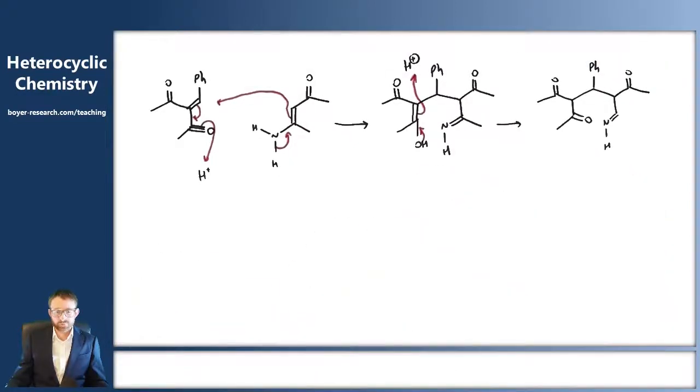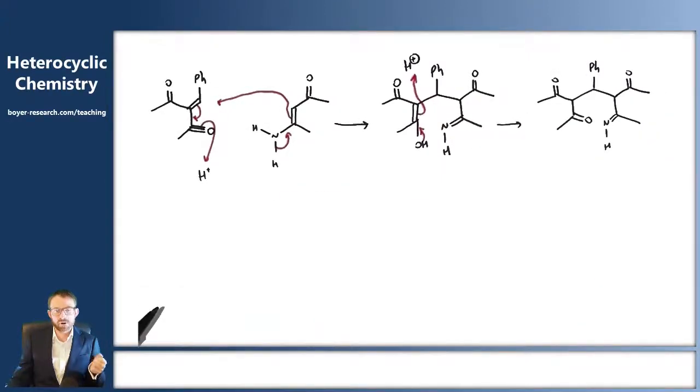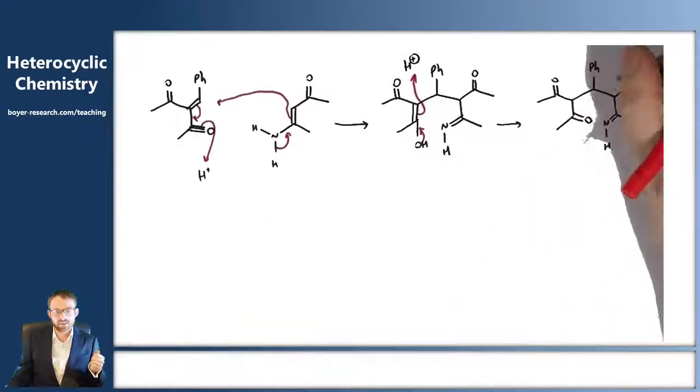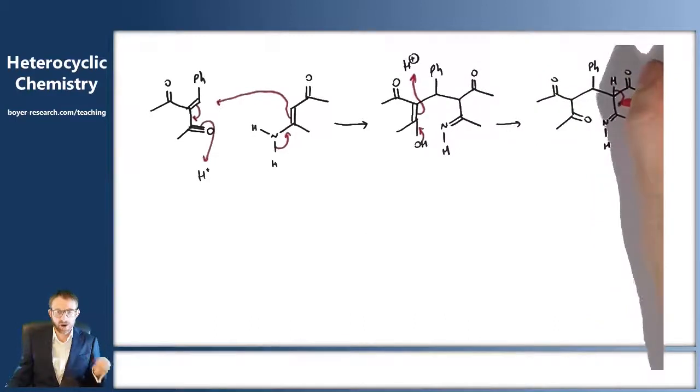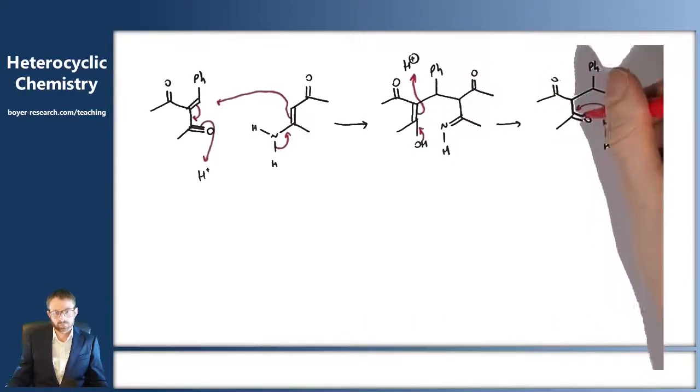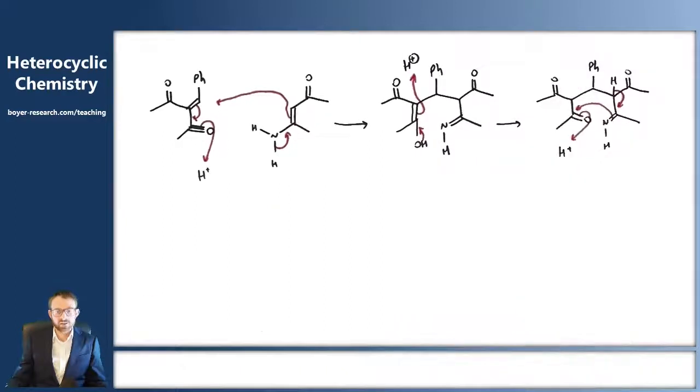And now we can lose an acidic proton between our imine and our carbonyl and push the electrons through that nitrogen to attack our electrophilic carbonyl. And this makes our 6-membered ring and the key nitrogen-carbon bond.